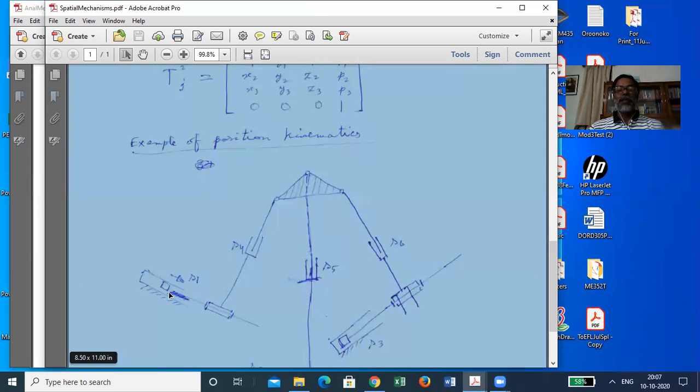How many constraints are imposed? So 5 freedoms are killed here, 5 here, 5 here. 15 killed. Okay, and 3 here. So 18 relative freedoms are killed in this leg. 18 here, 18 here. So 3 into 18, 54. 54 constraints gone.